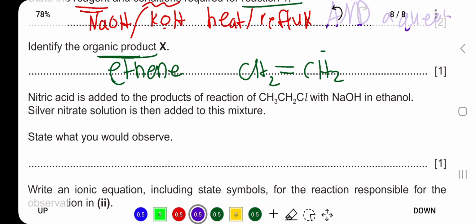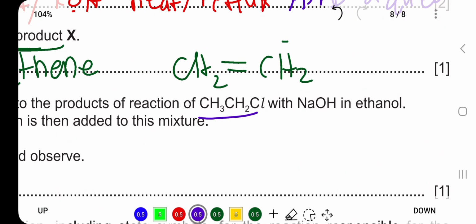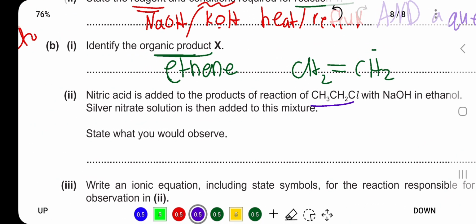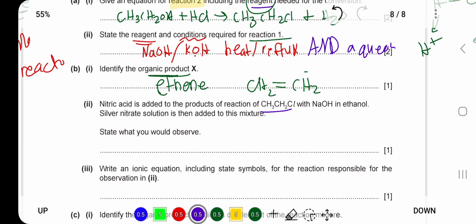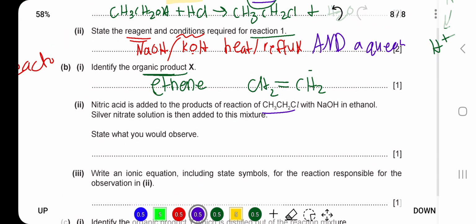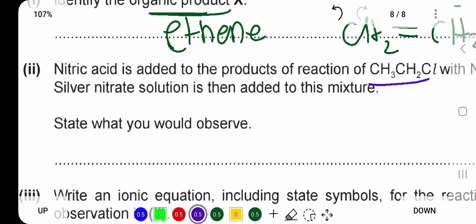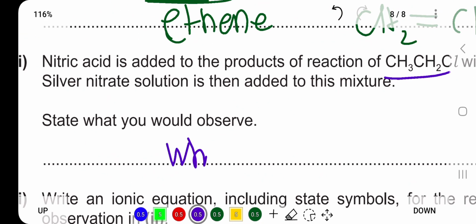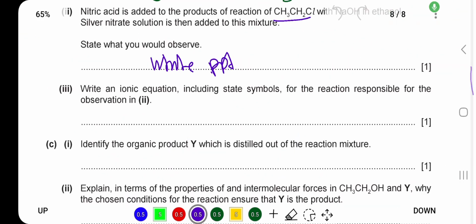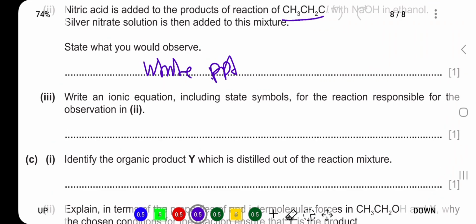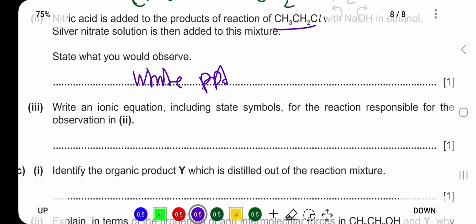Nitric acid is added to the products of reaction 3, which occurs in NaOH and ethanol. Silver nitrate solution is then added to this mixture, so just state what you would observe. There you should learn what precipitates. Next question, we have part iii. It says write an equation including state symbols for the reaction responsible.